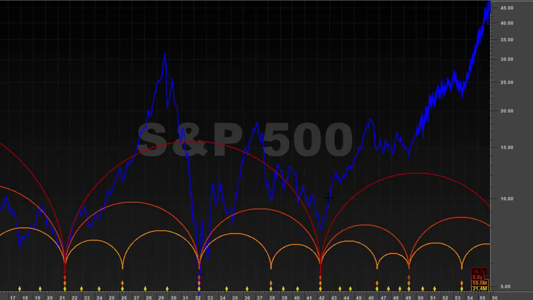There we go. Okay, so you can see in this analysis, interestingly, the 18-year cycle trough has been placed in 1942, and the previous 18-year cycle trough was placed in 1921, and the low in 1932 has been marked as a trough of the 9-year cycle.